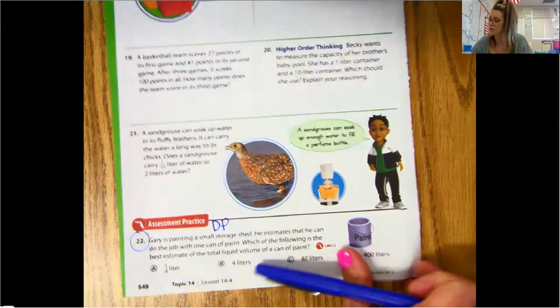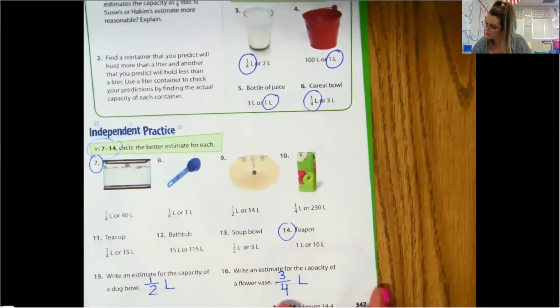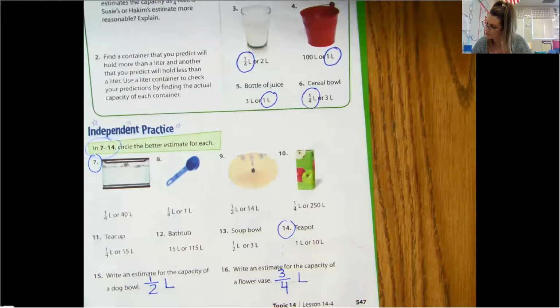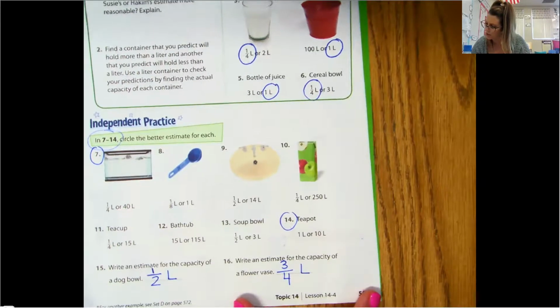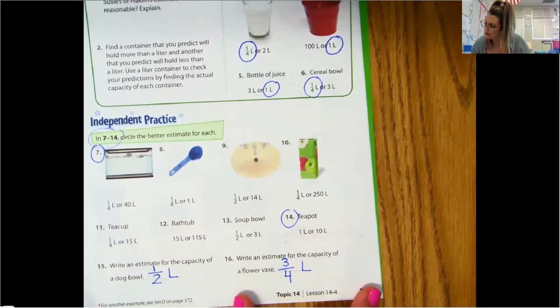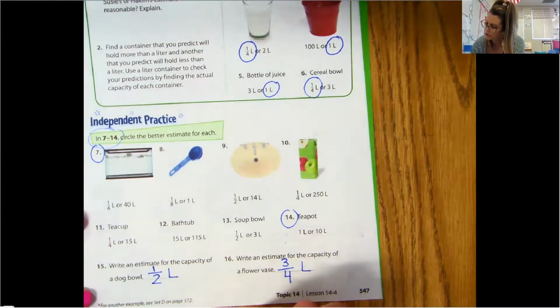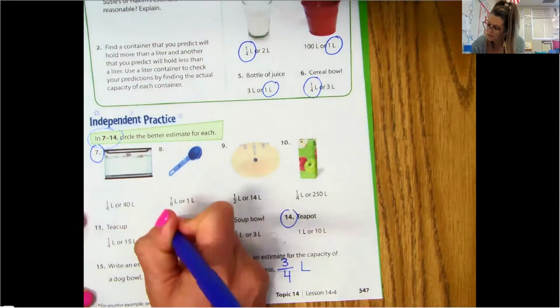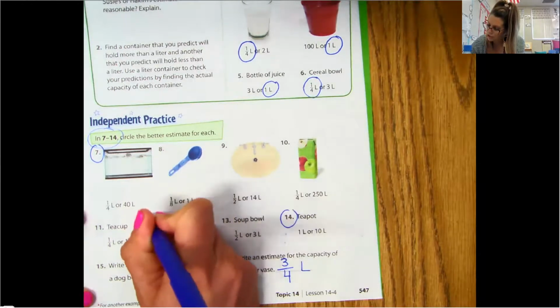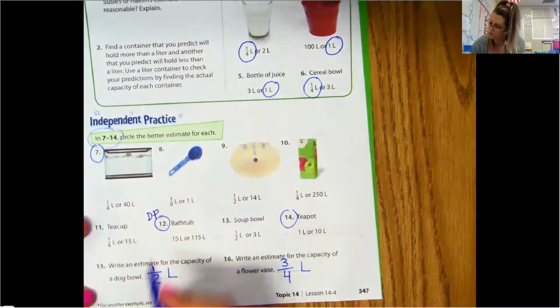And then let's flip it over and let's pick 2 here. Which 2 do I want you to tell me? Let's go ahead and do the bathtub. So number 12 is going to be a discussion post.